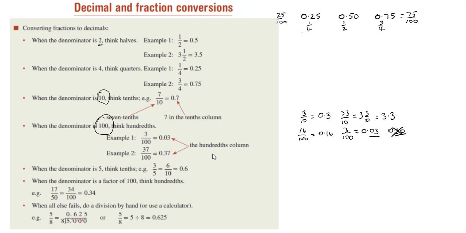So anything that involves 5 or 50 or 500 as the denominator makes it easy, because we just double it and we'll get a denominator of 10 or 100 or 1,000, and you can write the decimal very simply, just like this one here. 17 over 50 is the same as 34 over 100. We're just doubling the numbers, so it becomes a decimal of 0.34.